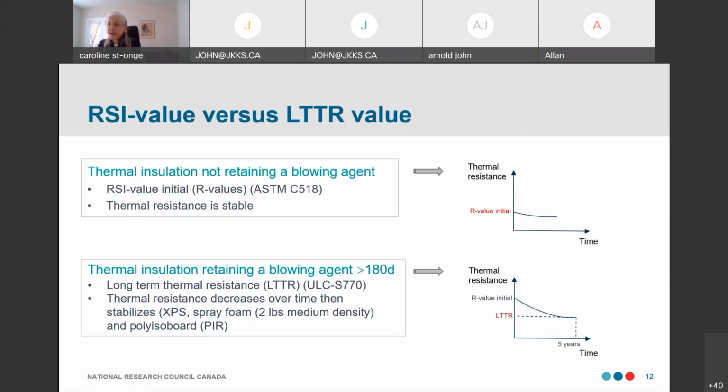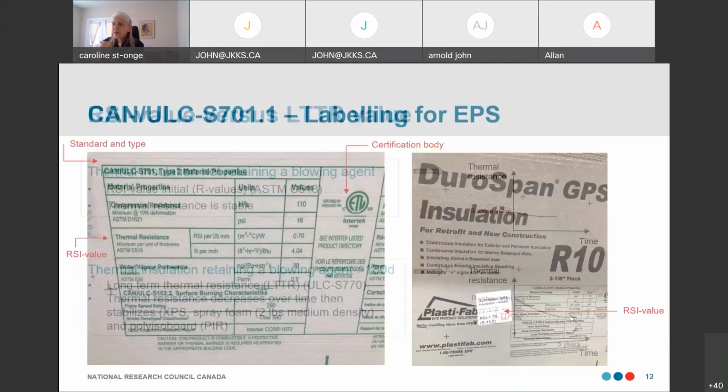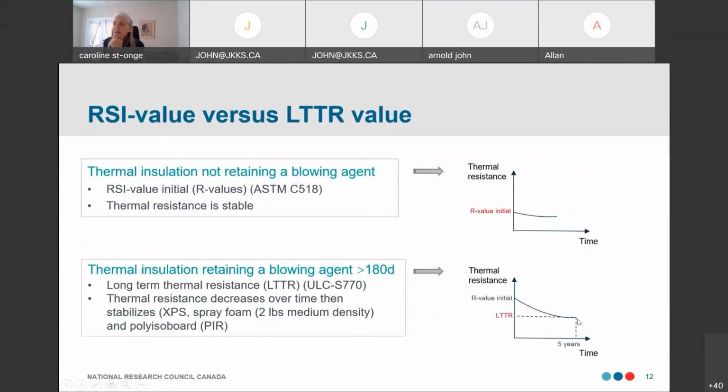So we call it RSI value or R value of the product. But when the insulation retains a blowing agent for more than 180 days, it is important to estimate the long-term thermal resistance of that product. So we are no longer talking about R value, but we're talking about LTTR, because the thermal resistance will decrease over time, and we want to estimate what will be that value at 5 years, because then it's going to reach a plateau, it's going to stabilize.